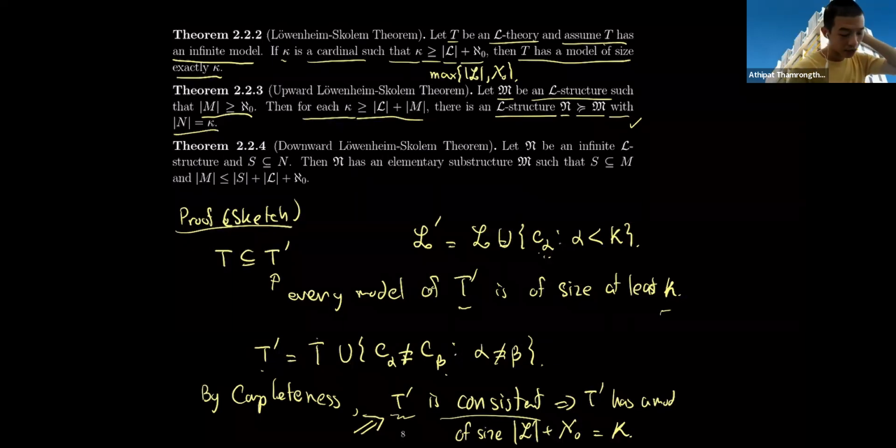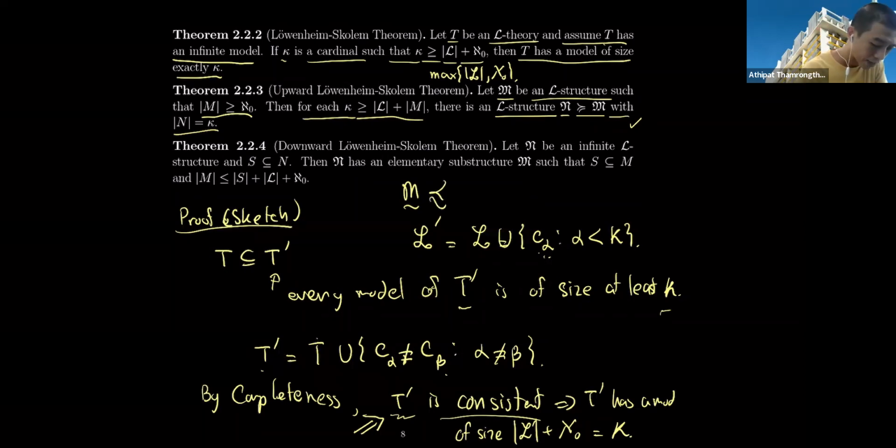So if you start with a structure M, in the case that L is countable, you can find an elementary extension of M as large as you want.